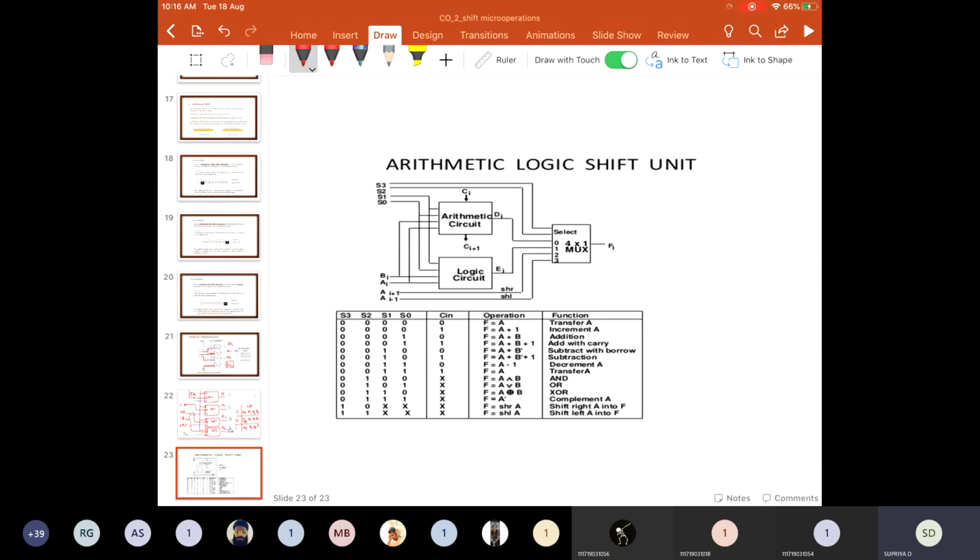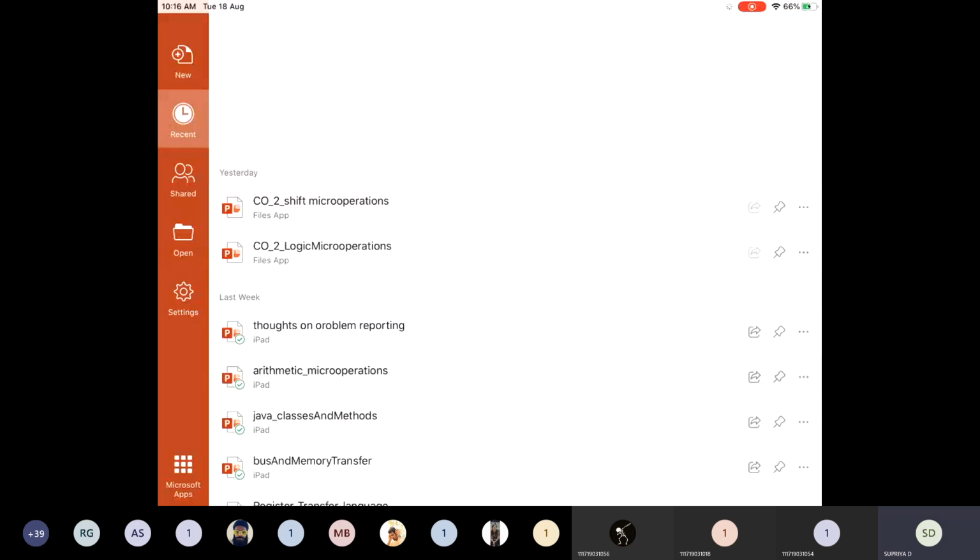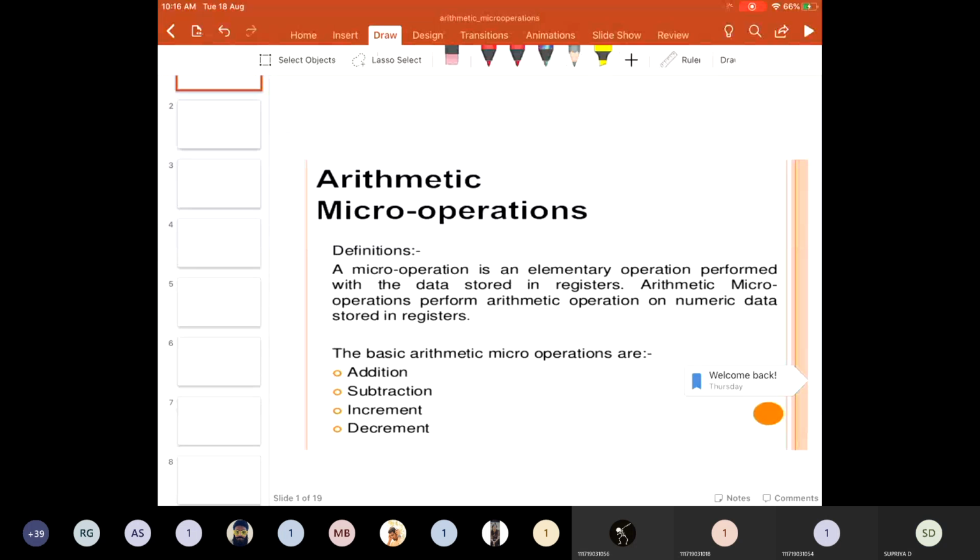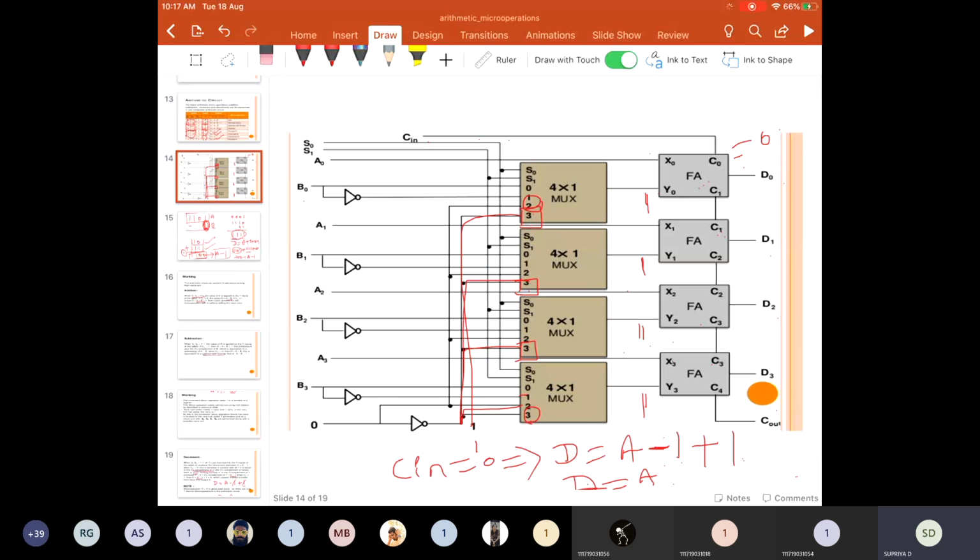Here the arithmetic circuit implies the 4-bit arithmetic circuit we have gone through. 4 by 1 multiplexers are there, and each full adder will have 3 inputs, X0, Y0, and C0.